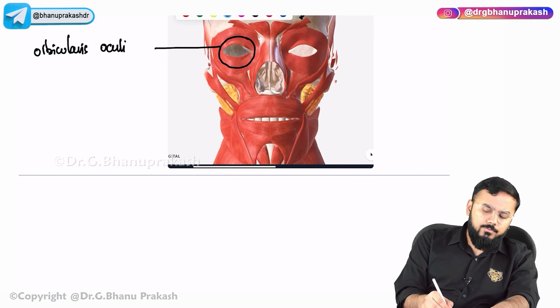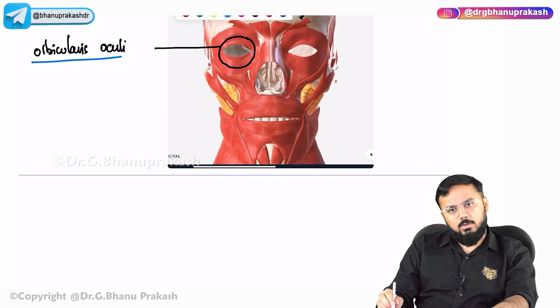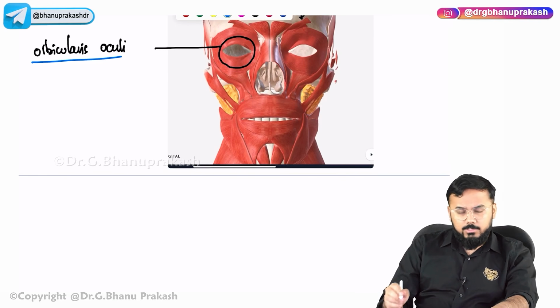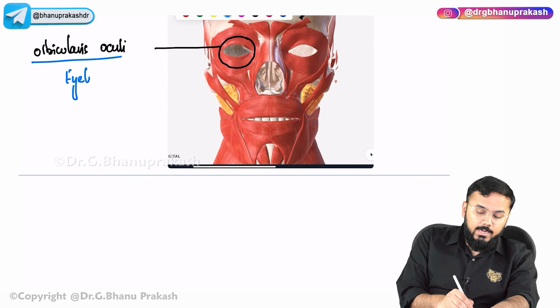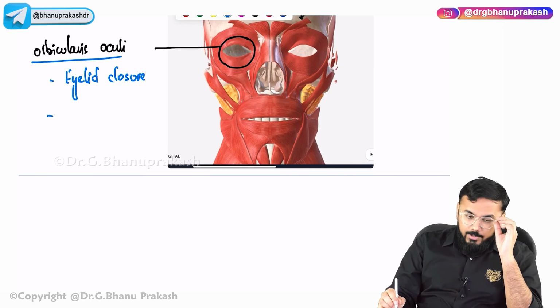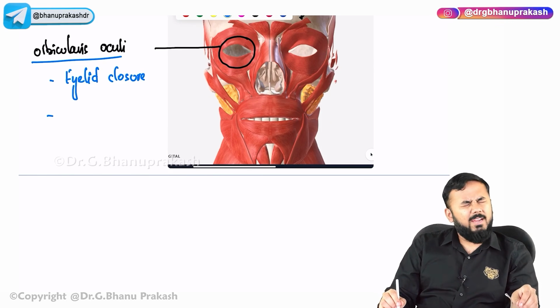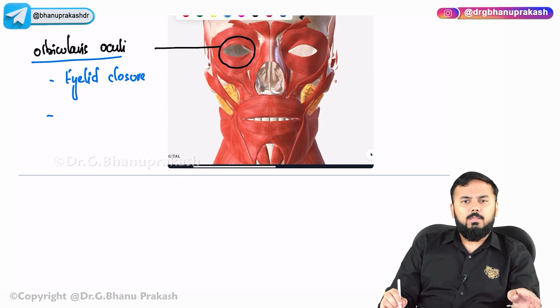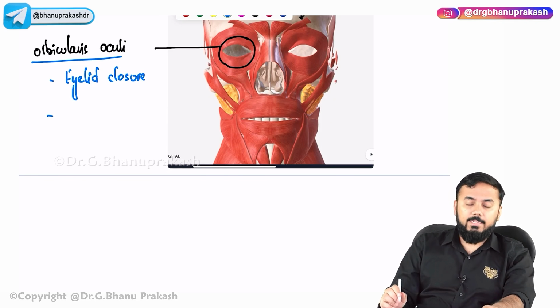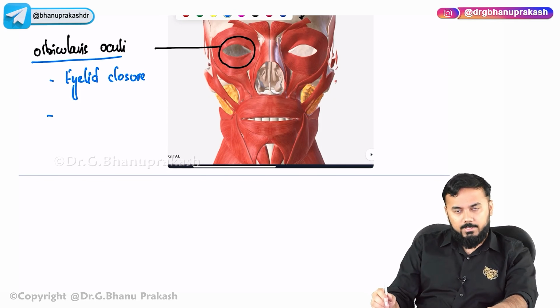You need to know the function of orbicularis oculi. What is the function of orbicularis oculi? It is responsible for closure of your eyelid. For example, if I want to squeeze my eyelids like this, very tight squeezing, this tight squeezing of eyelids is done by the orbicularis oculi muscle.